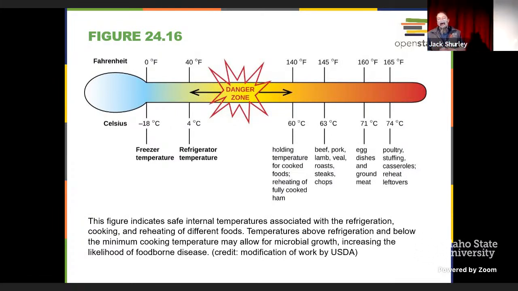As we look at this, it's important to pay attention to some of the details when we think about food safety and the potentials that might set ourselves at risk. As we look at this thermometer, we've got freezing temperatures where we can store foods. We've talked before about the tolerance of microbes. Oftentimes at freezing or refrigerator temperatures, we think of them as being inhibitory.